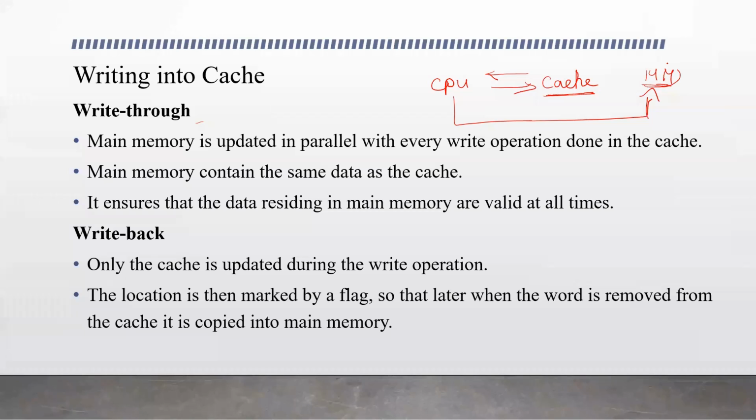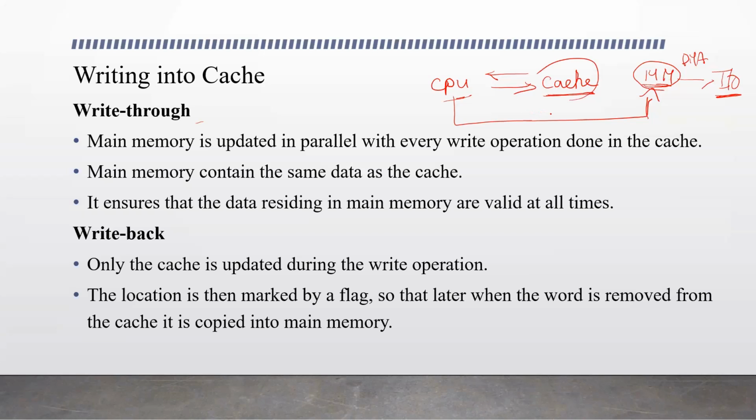That is helpful when main memory is directly accessed by the IO devices, without the involvement of the CPU, like through DMA controllers. If the cache is updated but the data in main memory is not, the IO device will not get the current data. It will access the old data, which may be invalid because it has already been changed.